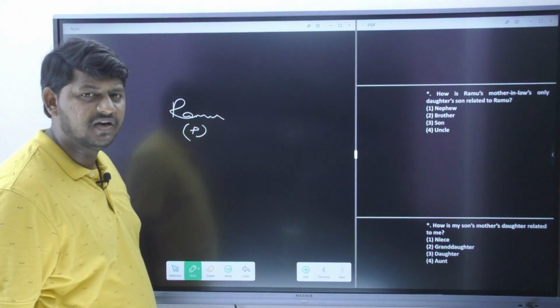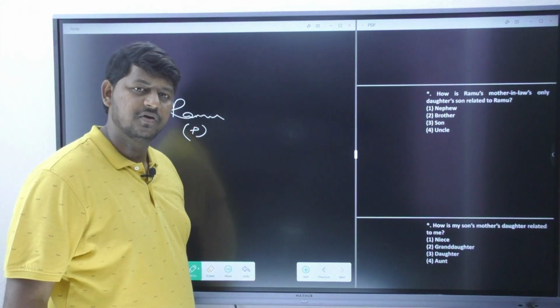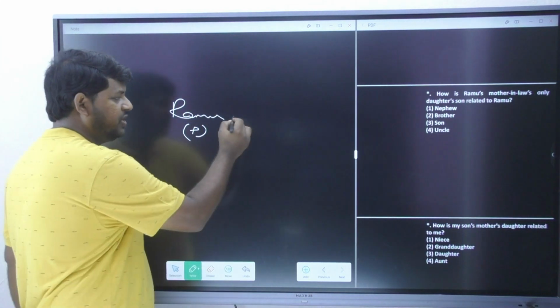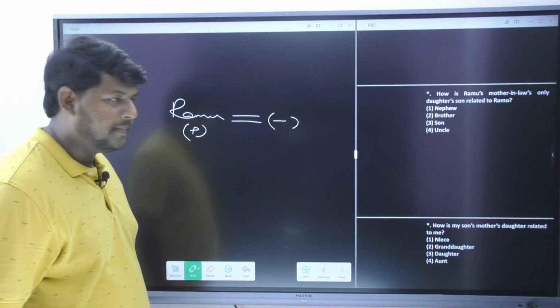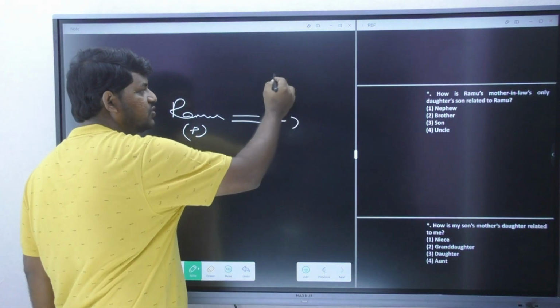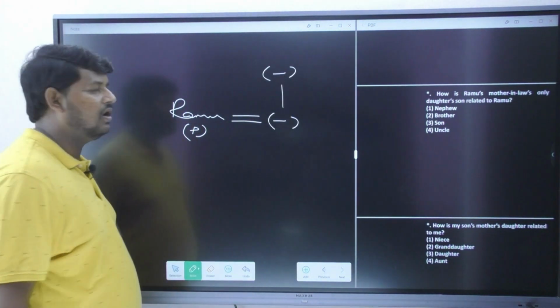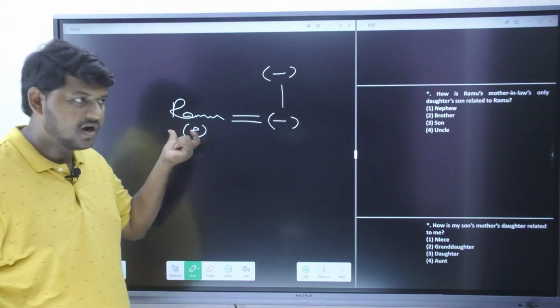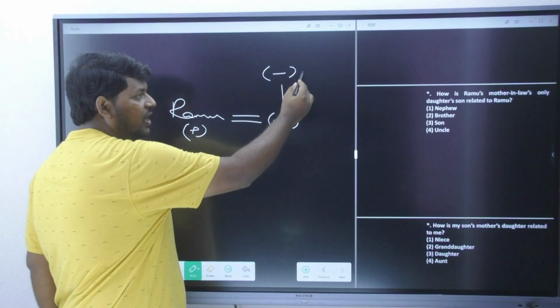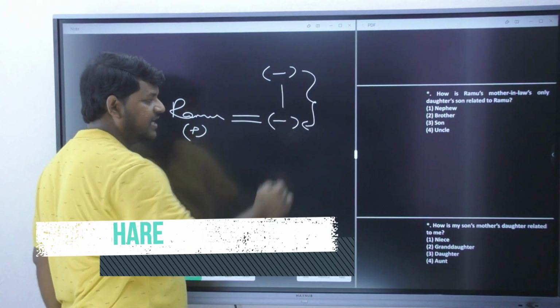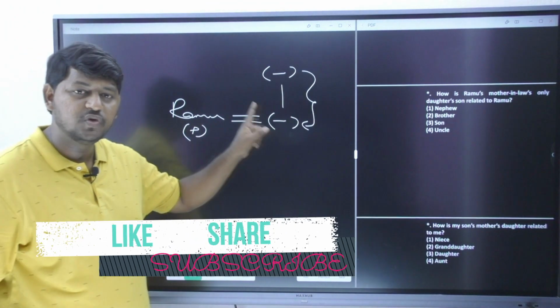Whom do you call mother-in-law? Your spouse's mother, correct? Ramu definitely got married to a girl. We do not know who she is, but her mother is going to be the mother-in-law of Ramu. Am I clear? Ramu's mother-in-law's only daughter is again coming back to Ramu's wife only.